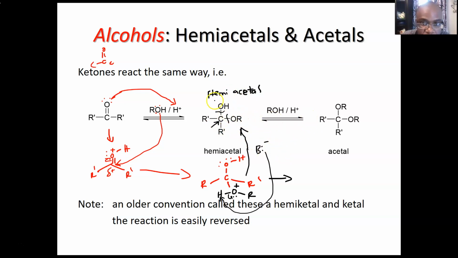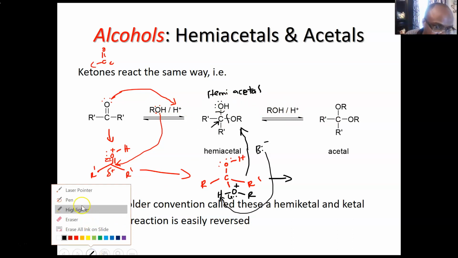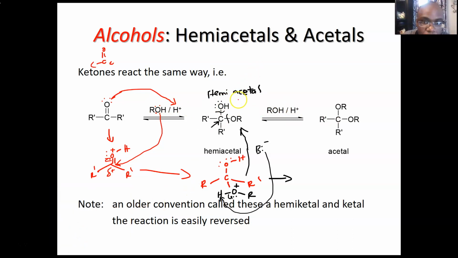Now, to move forward to get your acetal, you do the same thing that you did before. So the OH oxygen will be used to grab the hydrogen because remember you have to activate your OH to be a good leaving group. If it leaves without activation, it makes OH minus, which is a strong base, and strong bases are poor leaving groups.